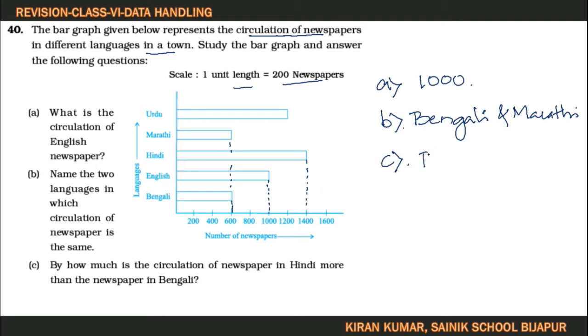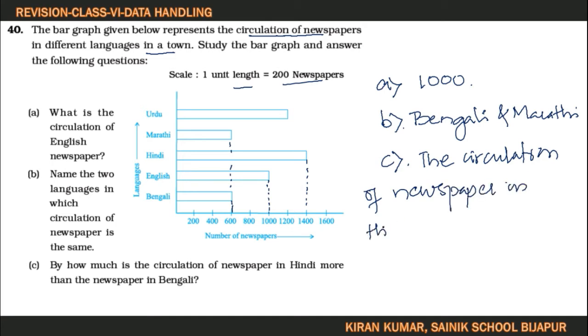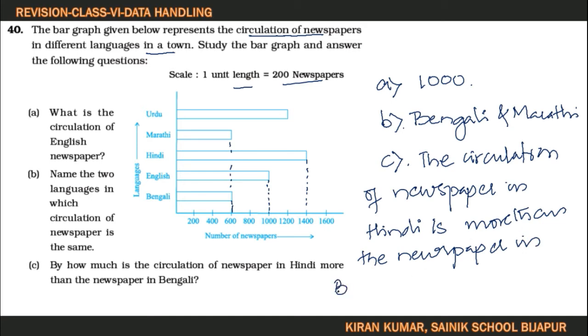Therefore, the circulation of newspaper in Hindi is more than the newspaper in Bengali by 1400 minus 600 gives 800.